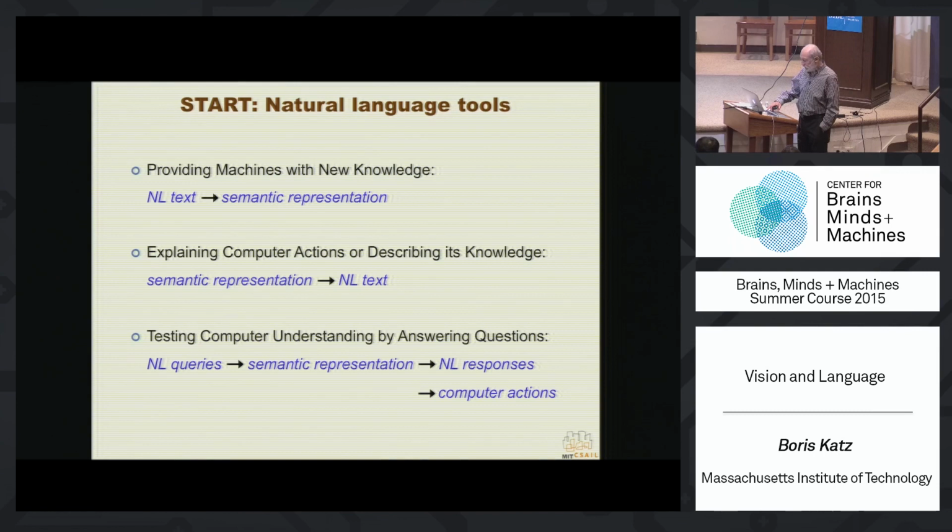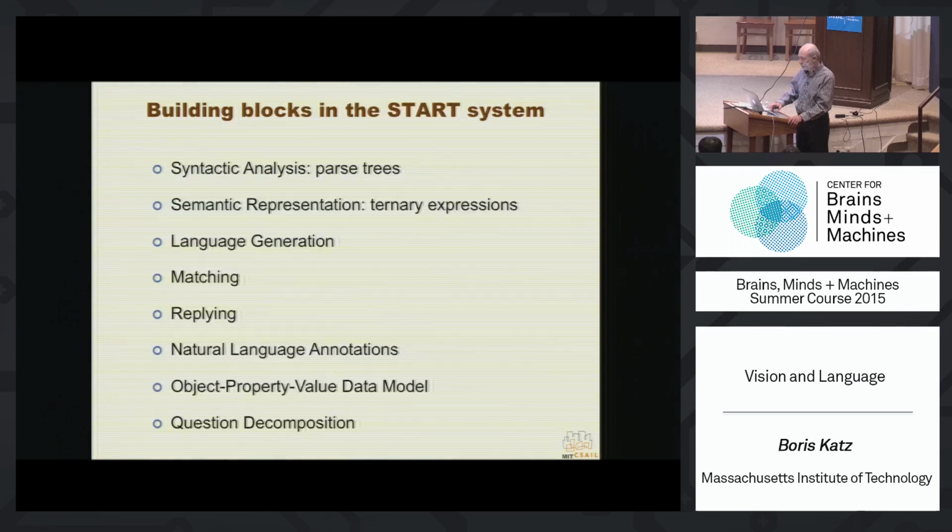So we will go through these tools, and I will describe the START system in detail, but I just want you to remember that this is a discipline and engineering enterprise, and these are the tools that I want to give you and other people so that you could start thinking deeper about human abilities and modalities like vision and language and others.